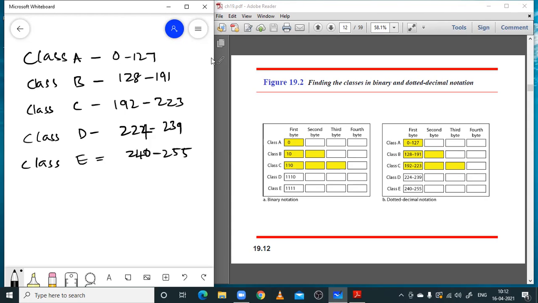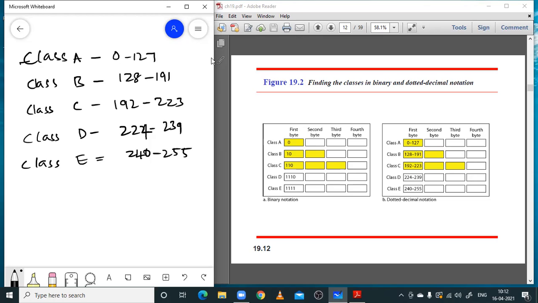And one more thing, in every class, class A, class B, class C, class D, or class E, the starting IP address and the last IP address will not be used. So they will be used for different purposes. According to class A, how many is 0 to 127?